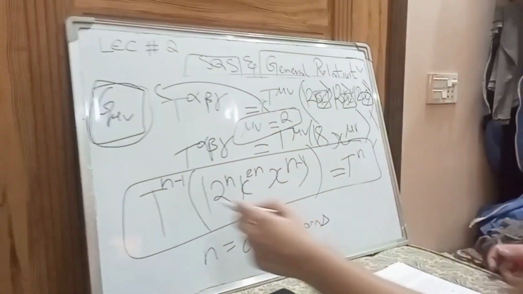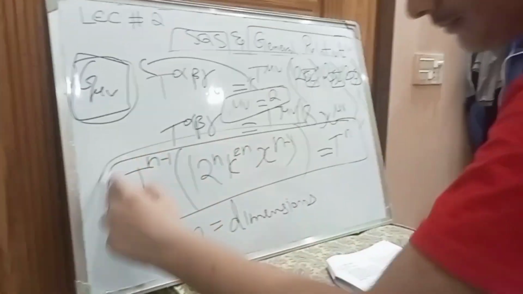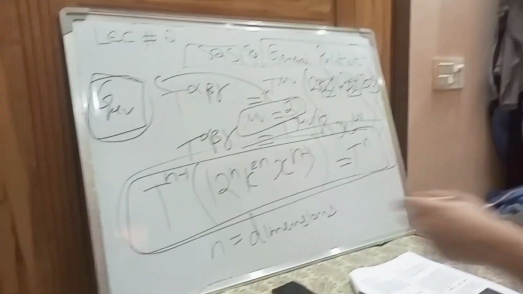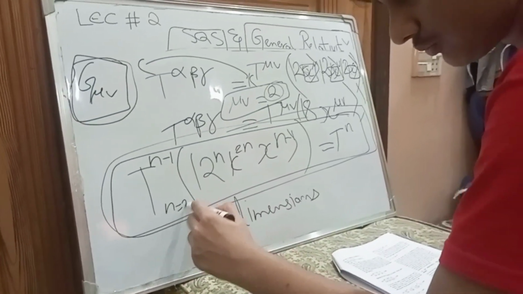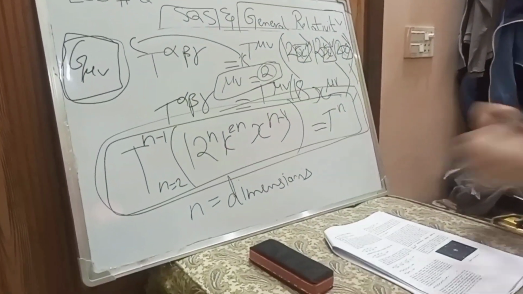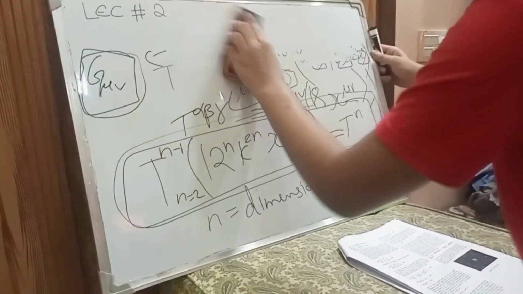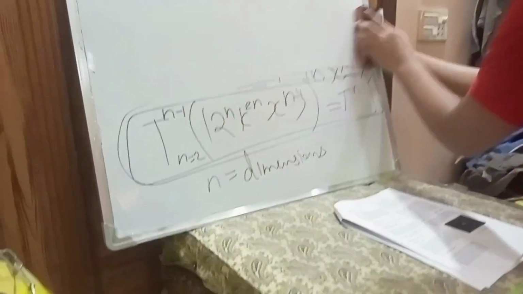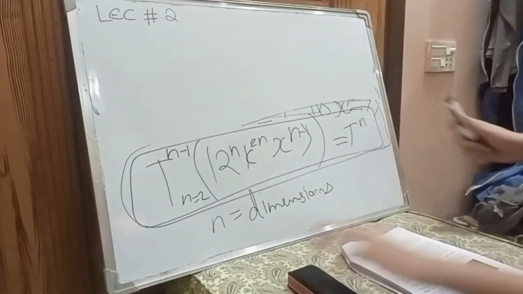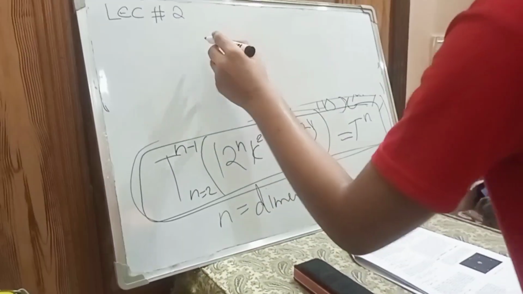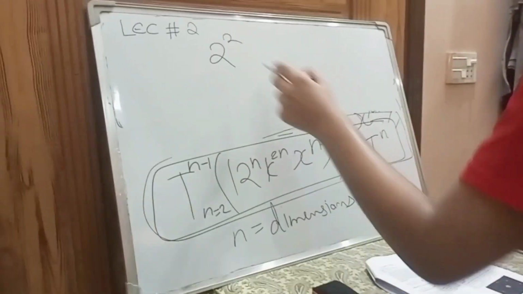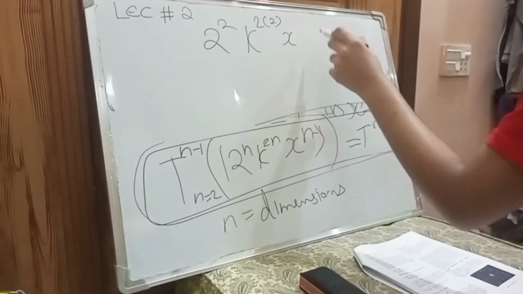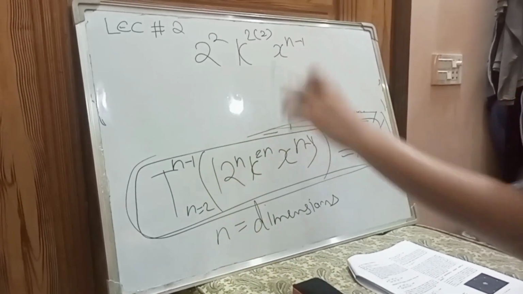Now let's say we apply the index number 2, how does it look? n becomes equal to 2. Let's calculate it. If we are talking about the Einstein constant, it will look something like this: 2 to the power 2, k 2 multiplied by 2, and it is describing the variable n minus 1.